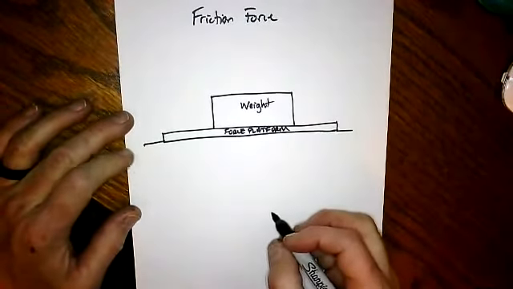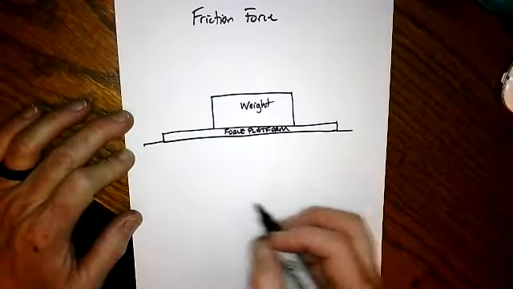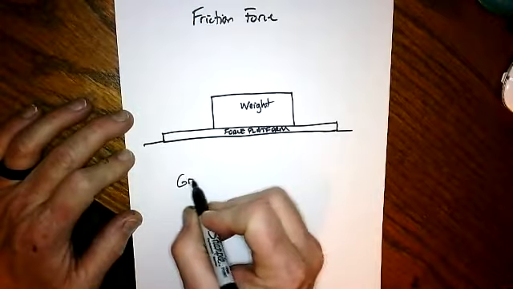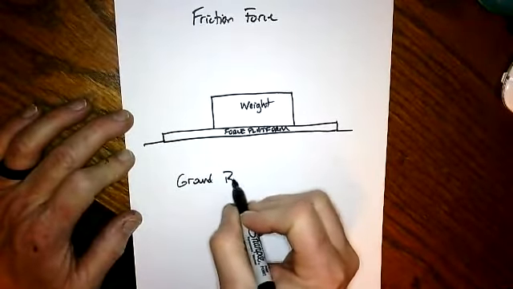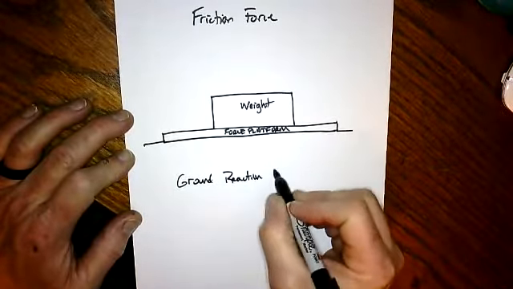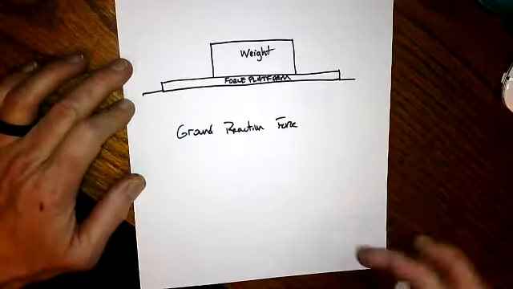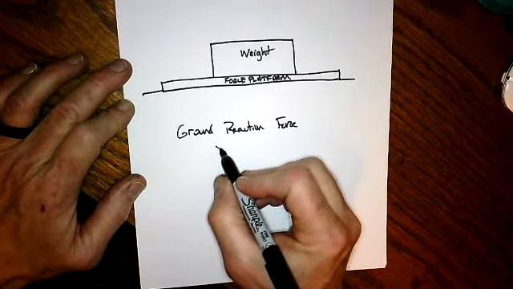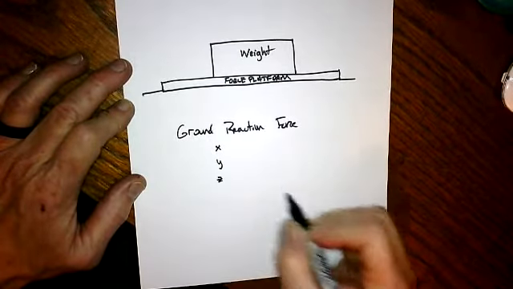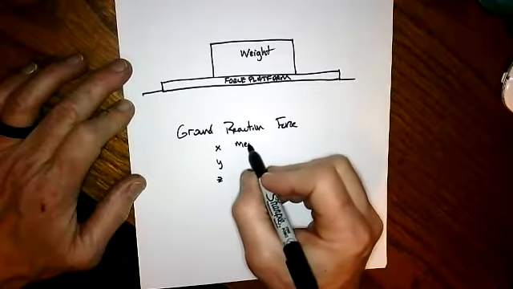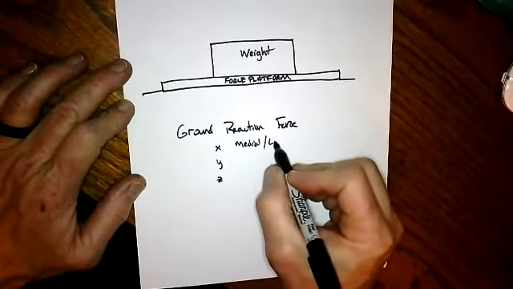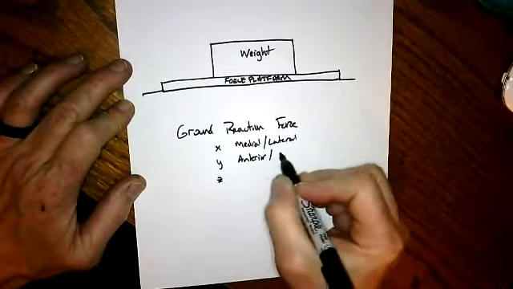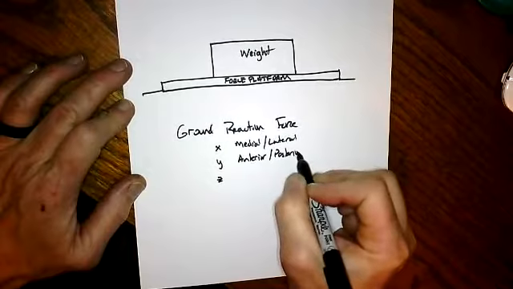Remember, ground reaction force is 3 dimensions. So what a force platform does is measure the ground reaction force. And the ground reaction force is 3 dimensions. We can call them X, Y, and Z, or sometimes we will say medial lateral, depending on if we're in the lab, or anterior posterior, or vertical.